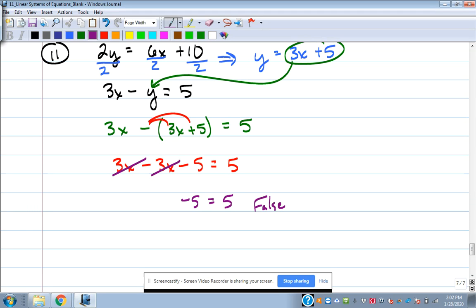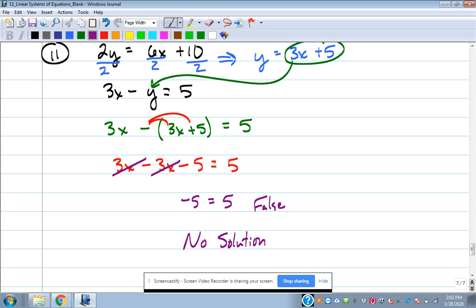So if the variables all cancel out, then you could have one of two scenarios. You could have a no solution, which is what this one is. If the statement is true, if it said negative 5 is equal to negative 5, that would be an all real numbers or an infinite solutions scenario. Okay, so the variables all have to cancel out when you're solving by substitution, or technically elimination does the same thing.